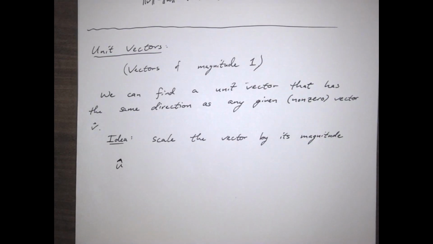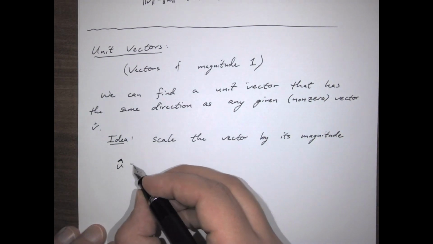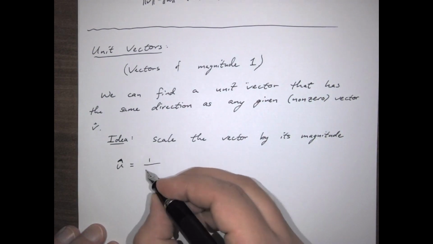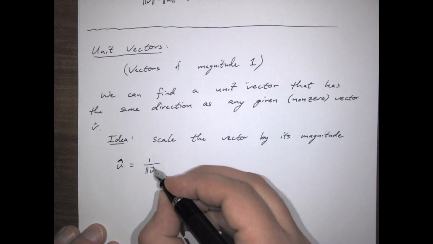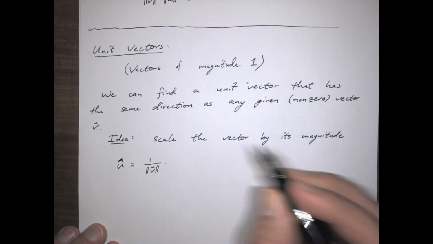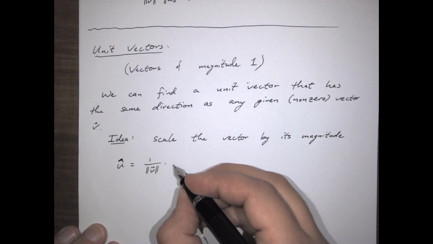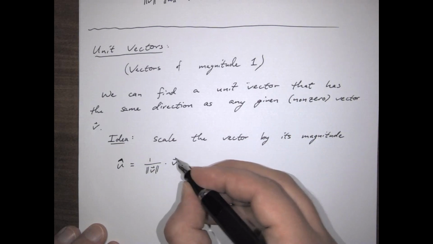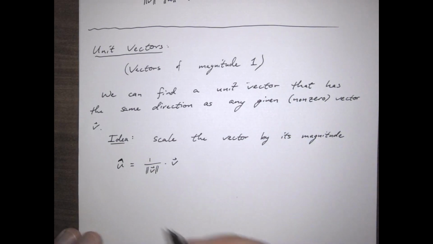Hats are usually used to represent unit vectors, or we use the letter u frequently also to represent a unit vector. So you basically divide by the magnitude, and you multiply that.